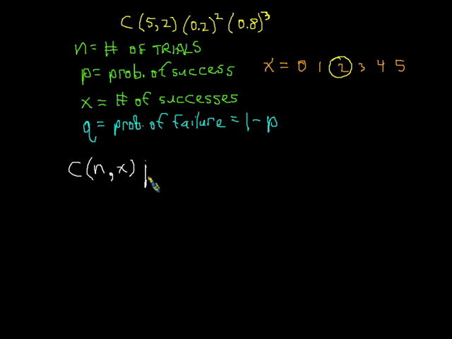So we'll multiply that times lowercase p. We'll raise lowercase p to the power of 2, which is again the number of successes that we're looking for. So we'll raise that to the power of x. And then we'll take the lowercase q, which is the probability of failure, which is the 0.8, and we will raise that to the power of the number of trials minus the number of successes. So it'll be n minus x.